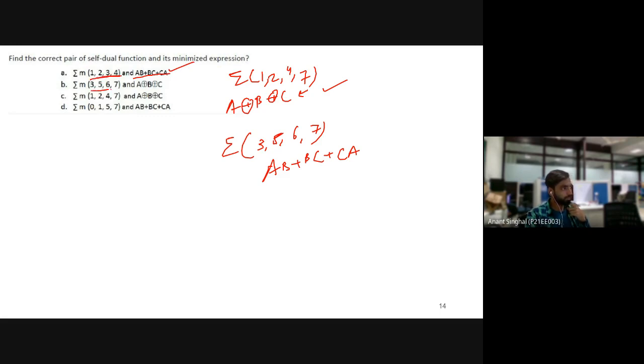The second option says 3, 5, 6, 7, but it is not given by this. This is also not correct. The D option is AB plus BC plus CA, but this is not correct now. If we check option C, it is 1, 2, 4, 7, which is the XOR combination. I hope you get the question because I have already covered both of these concepts earlier. Do I need to expand it and solve it?